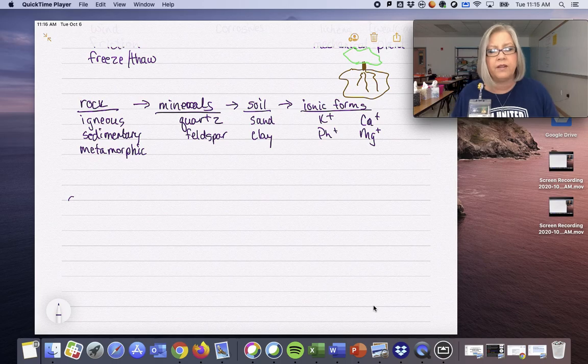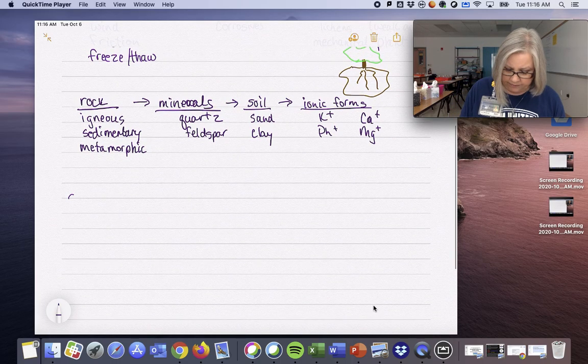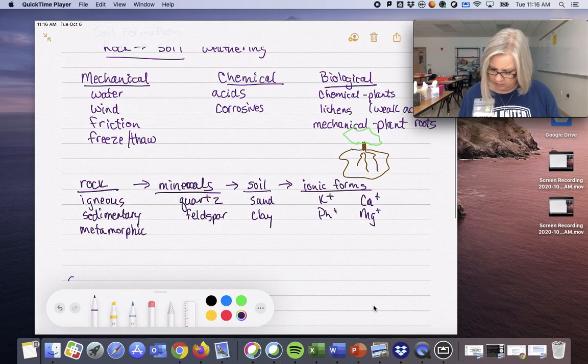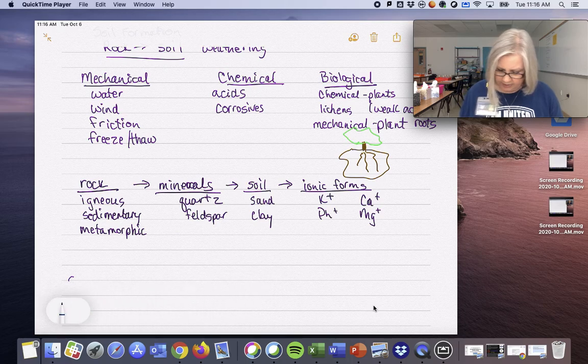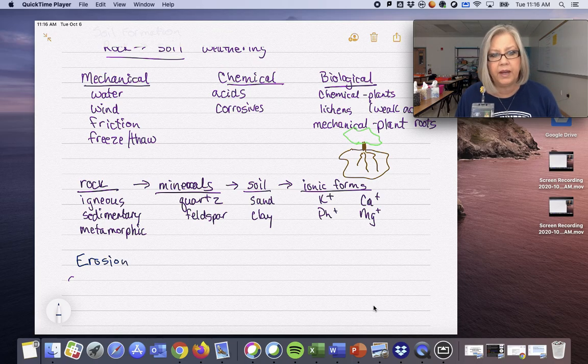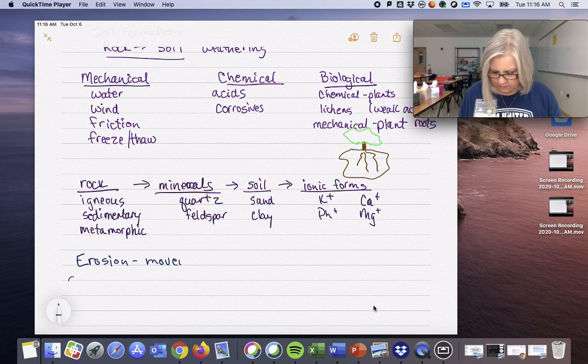The other thing that affects soil is erosion. Let's change our little color here. Let's go with a dark blue. All right, so erosion. Now, erosion is different because what erosion is, is the movement of soil.